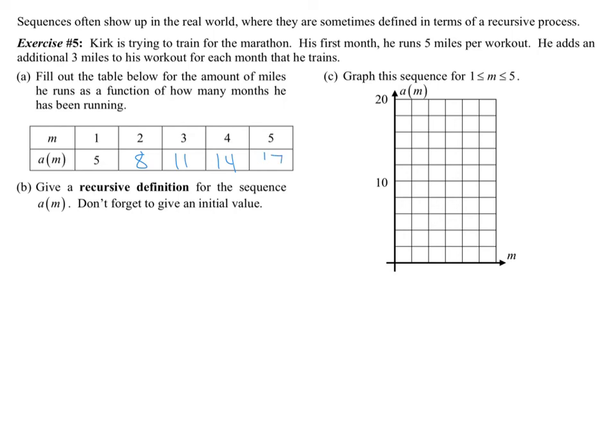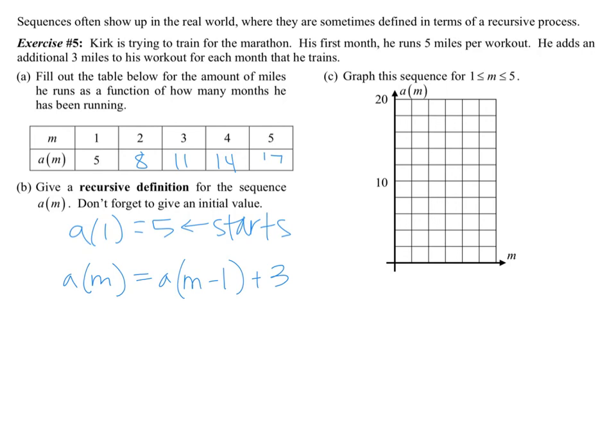So give a recursive definition for the sequence A of m. Don't forget to give an initial value. So our initial value is going to be 5. This is where it starts. If we're going to write any recursive definition, A of m is going to be A of the month minus 1 plus 3.